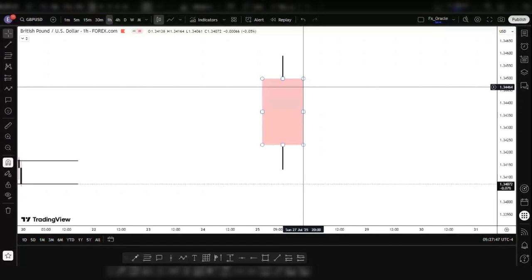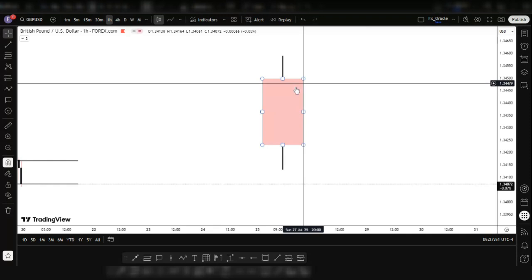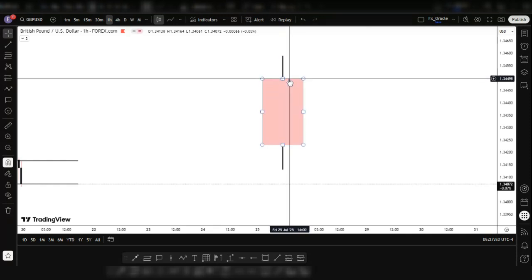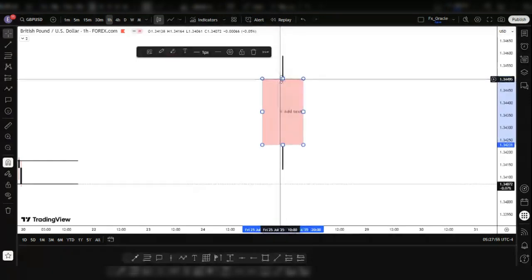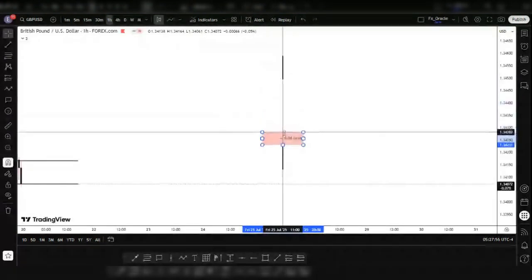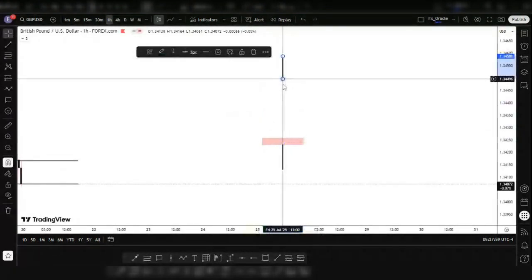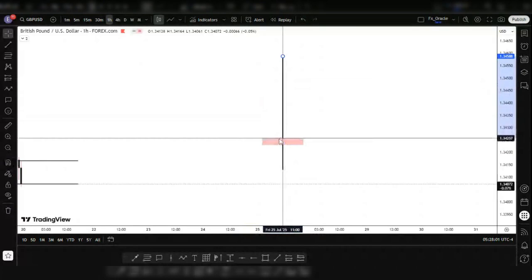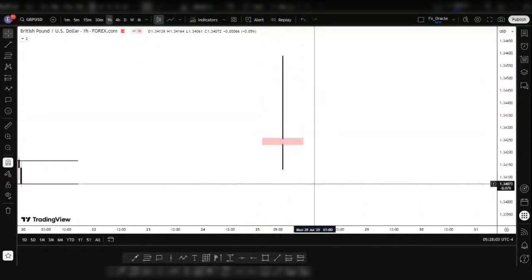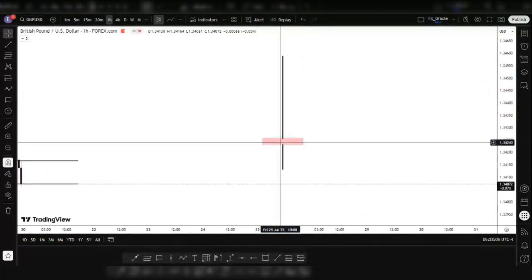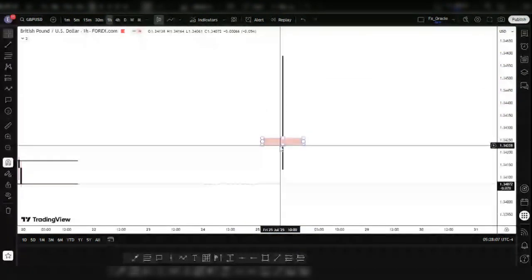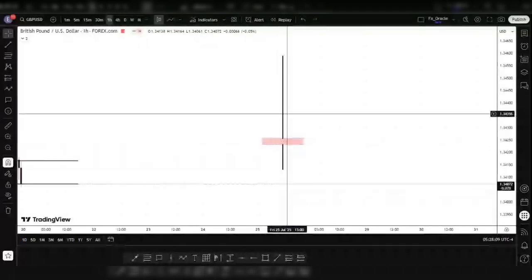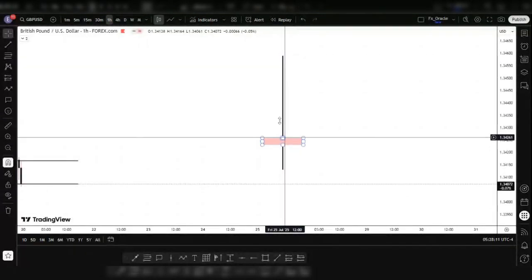But if you have less body and more wick, for instance, let's say we have this. This is the opening price, and this is the closing price. But we still had some rejection.